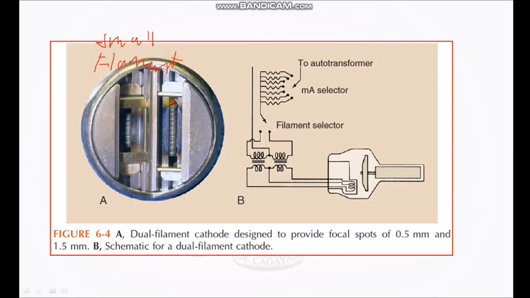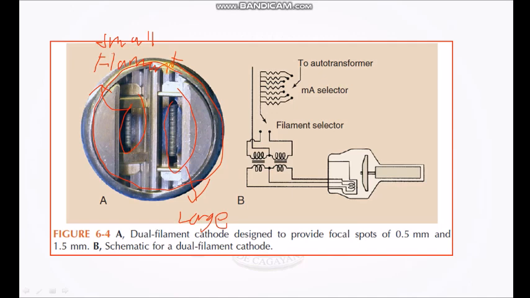And then this is the large filament. Small na siya, small kay gamay. And then this is the large, dayon, large filament. And then kaning metal dayon dire that surrounds the filament is the focusing cup. So that is the focusing cup of the cathode side.